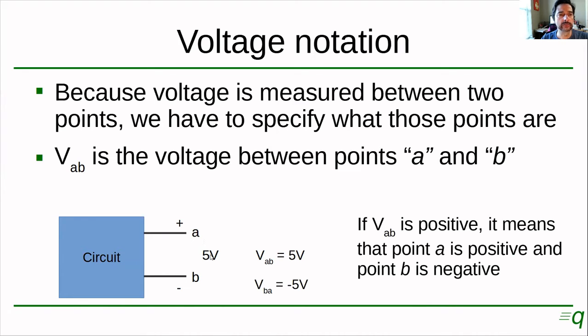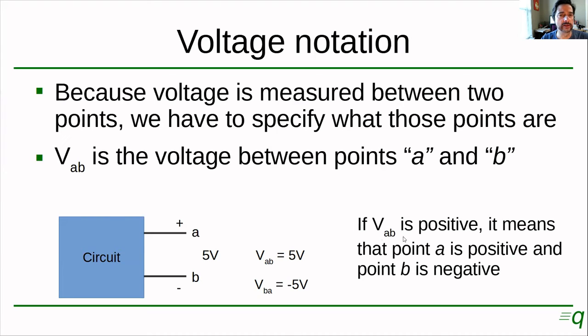And let's assume the voltage between points A and B is 5 volts. So we say VAB is 5 volts, right? This is how we denote that the voltage between points A and B is 5 volts. Now, the voltage between points B and A is negative 5 volts. So how does this happen? It's just a convention.